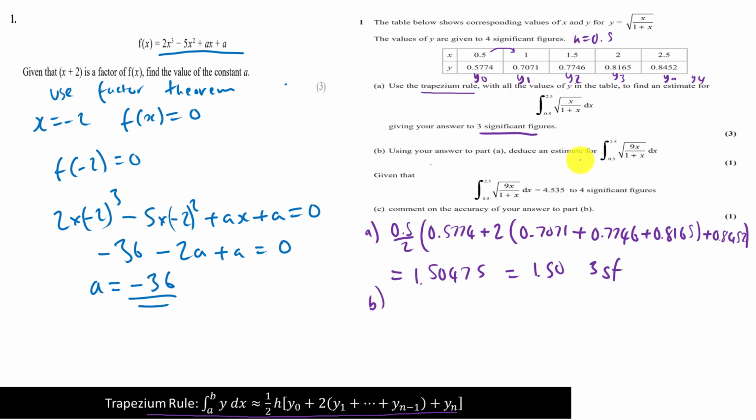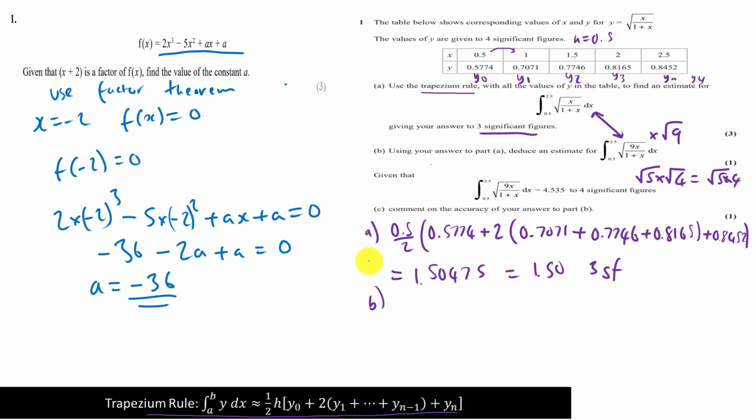Use your answer to deduce an estimate for the integral of root 9x over 1 plus x. So the difference here and here is that this bit has been multiplied by root 9, and if you think about it, if you do surds, root 5 times root 4 equals root 5 times 4, so that's why it's root 9.